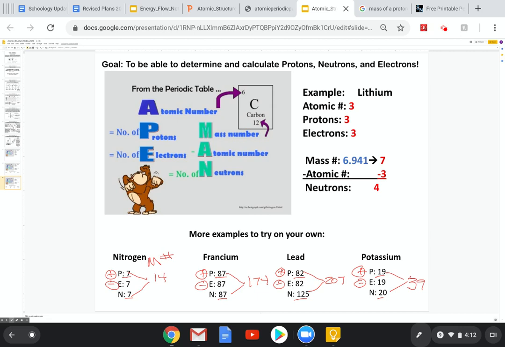These are going to be the mass numbers. We can just calculate that very quickly, because do the electrons count in the mass number? No, they don't. Electrons do not count in the mass number.